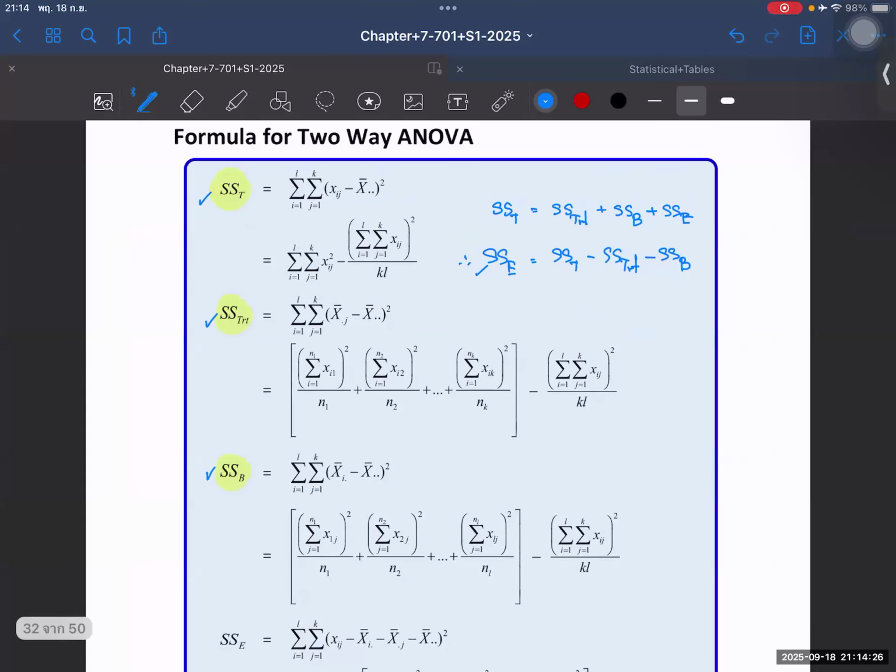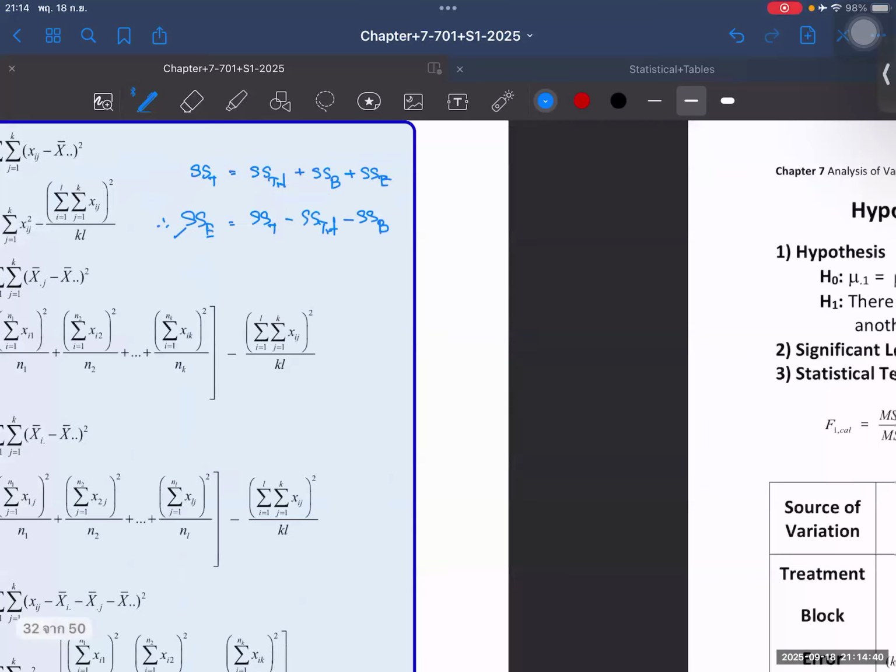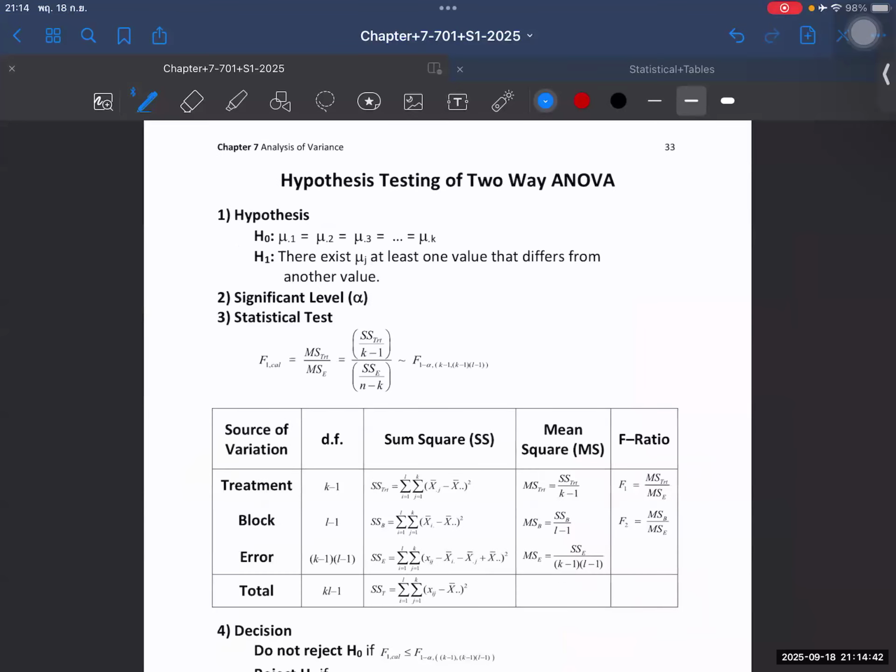And if the null hypothesis has to be rejected, we want to extend with the LSD multiple comparison to explain. Okay, so in this course, I recommend to test only the treatment.